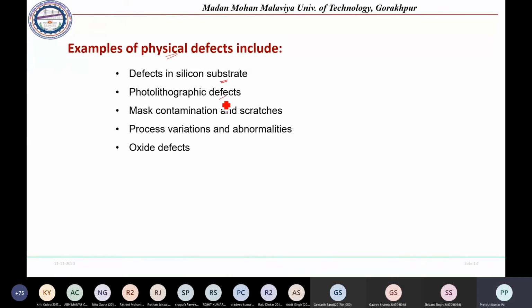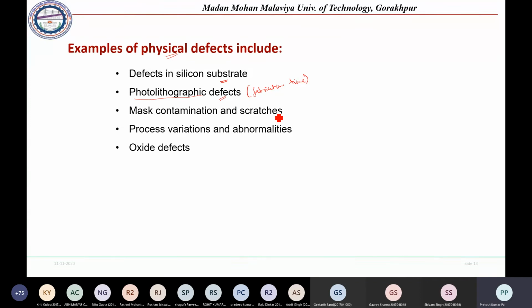Photolithographic defects: while performing the photolithography, if a defect comes, that is at the time of fabrication.